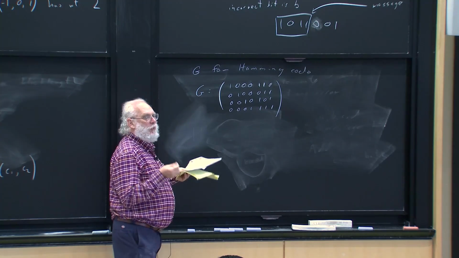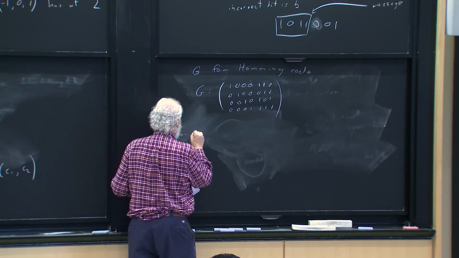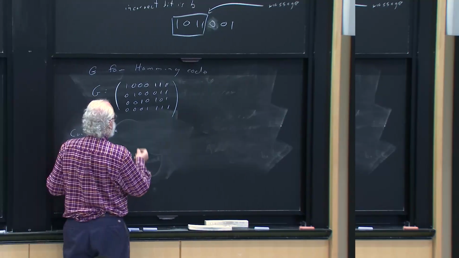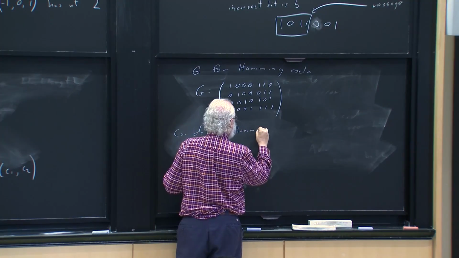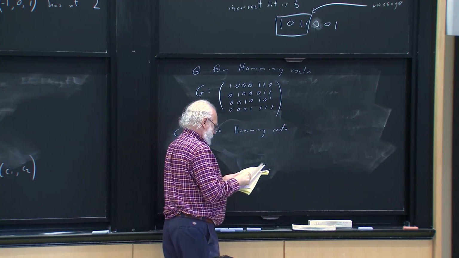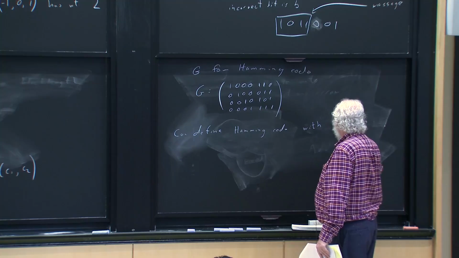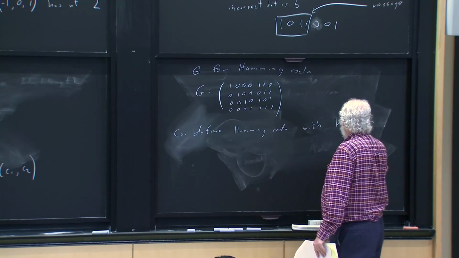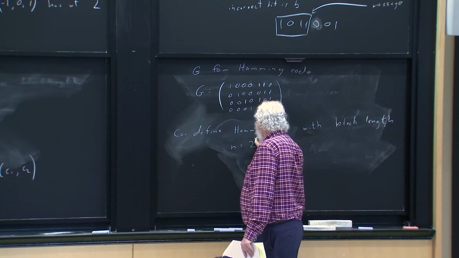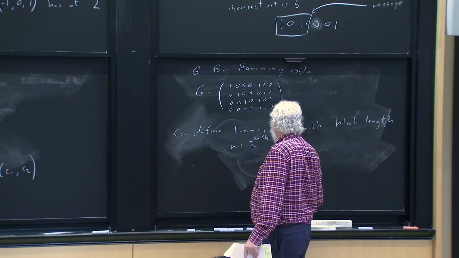Okay, I want to claim you can define a Hamming code with block length 2 to the k minus 1. n equals 2 to the k minus 1.